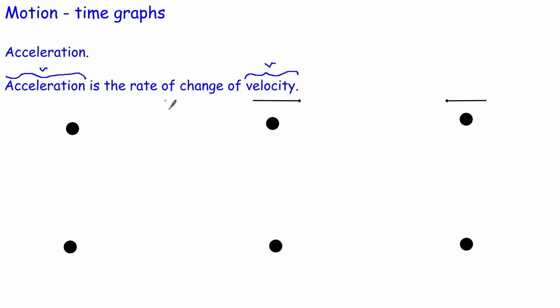Now we're going to have a quick look at what happens when you apply some acceleration to some objects. We've got two objects here that are stationary, and two objects here where this arrow shows that they're both already moving in this direction, and this is the same but they're moving in this direction instead. So this object is going to accelerate in this direction, and often, to show that something's accelerating, you put two arrows on it.